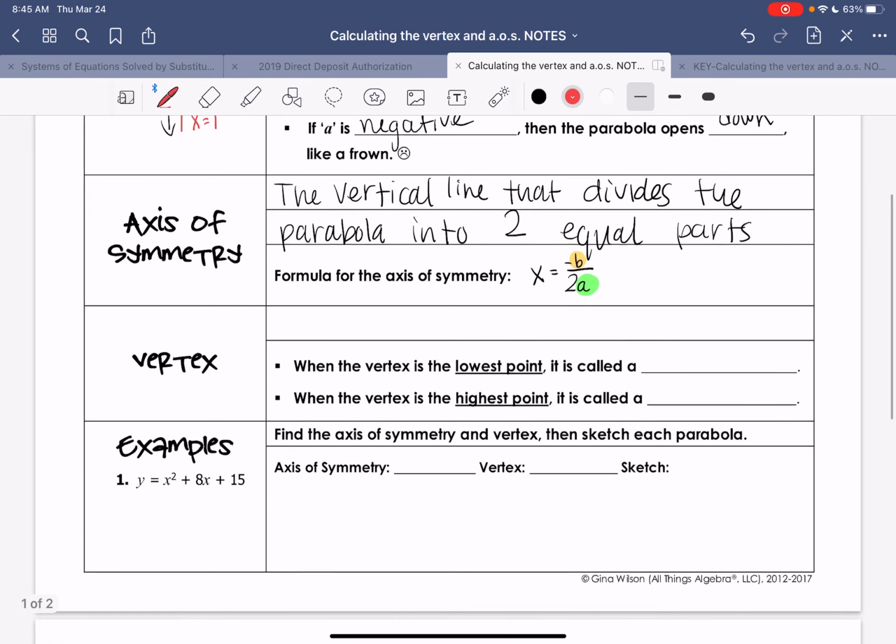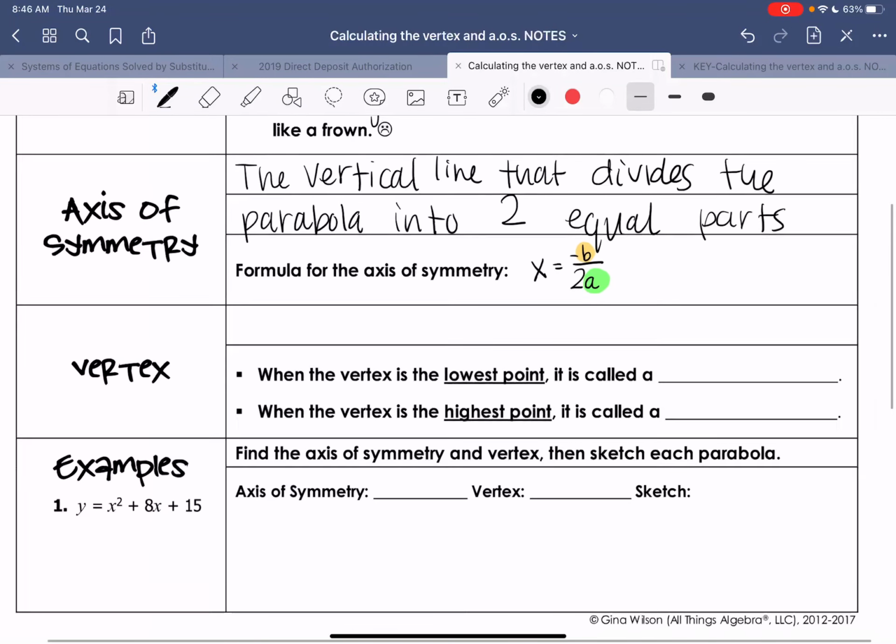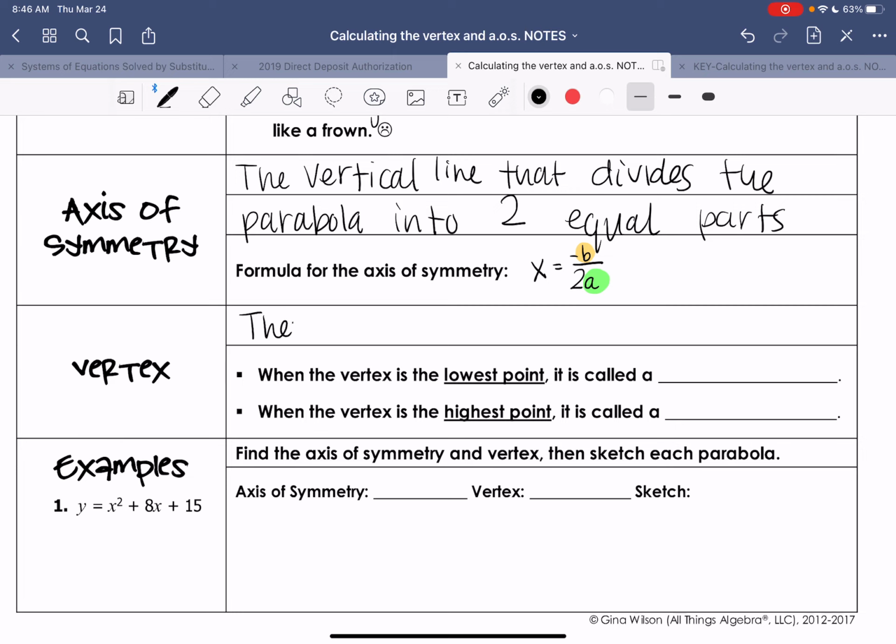All right, so the vertex, our definition here, is the turning point of the parabola.